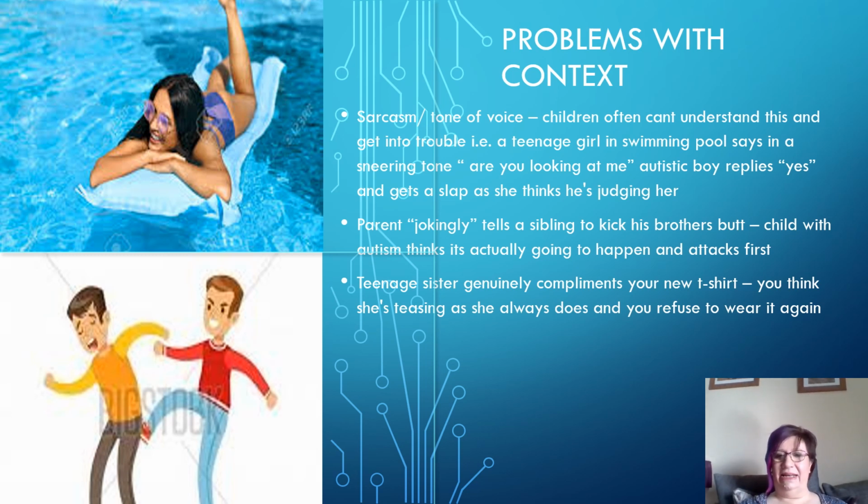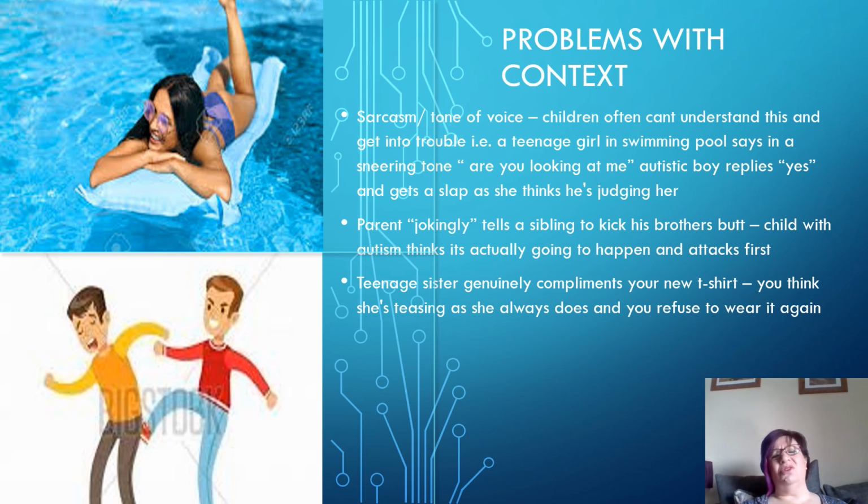The third example I've used is somebody who's usually quite sarky with you, say for instance, a teenage sister, who actually says to you one day, "Whoa, I really like that t-shirt. You look really cute in that." But because you're used to your teenage sister always being quite derogatory or quite sneering, you might misread that situation and get it wrong.